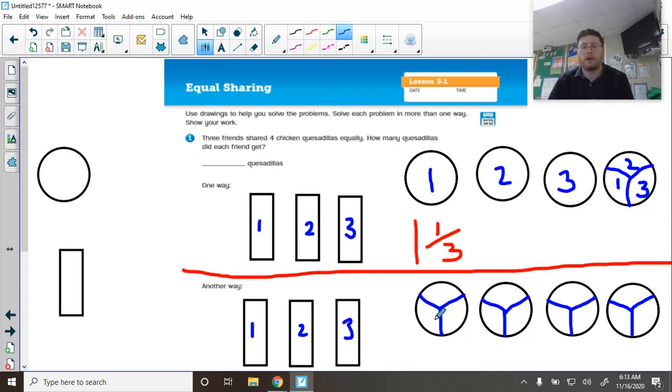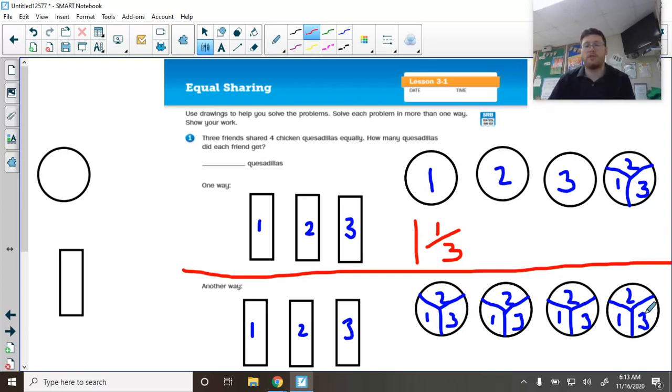All right. Now I can label these 1, 2, 3, and so on for each circle. So now that I have that, I'm going to change it up on you just a little bit.